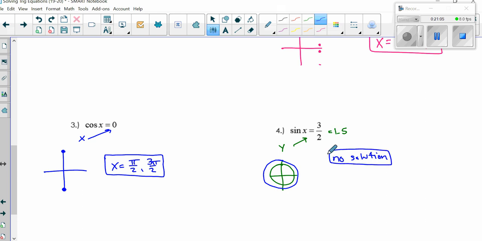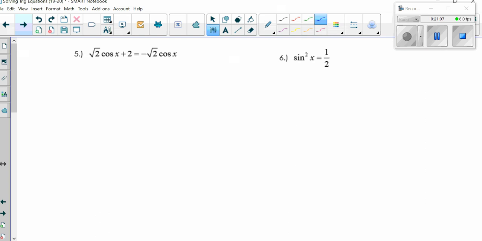All right, go ahead and flip over. On the back side here, we have two equations that we're going to need to do a little bit more manipulating with. Notice in number 5 that I have 3 terms. I have 1 term here, 1 term here, and 1 term here. Okay? 2 of the terms have a cosine x. Okay? In order to solve, I want to get those cosines on the same side.